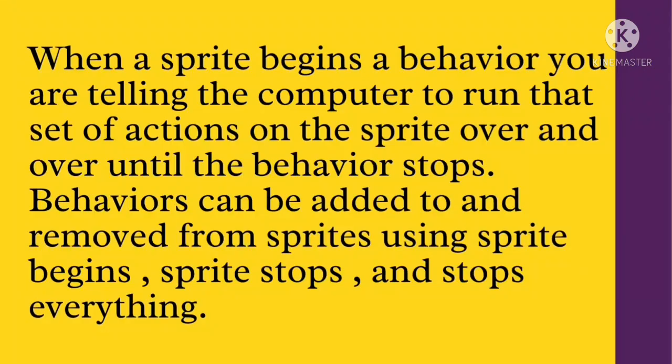So this means that when a sprite begins a behavior, you are telling the computer to run that set of actions on the sprite over and over until the behavior stops. Behaviors can be added to and removed from sprites using sprite begins, sprite stops, and stops everything.